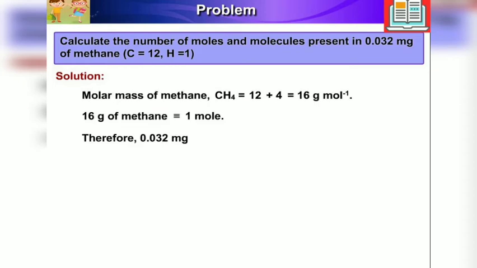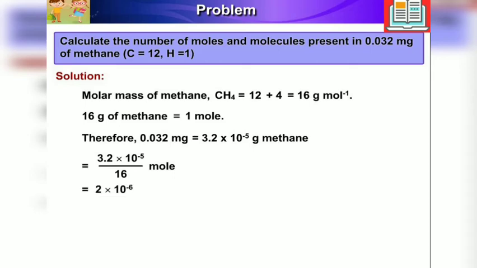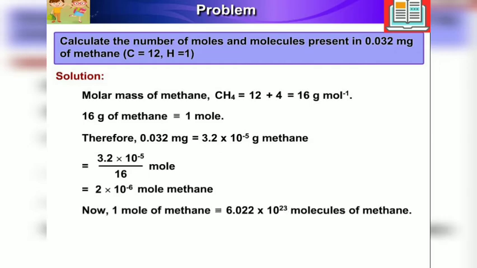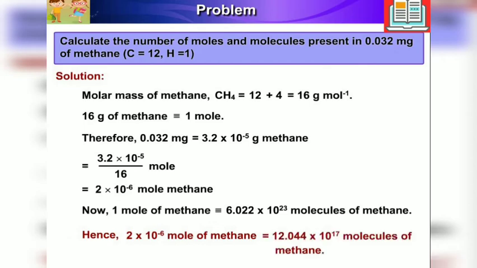Therefore, 0.032 milligrams equals 3.2 into 10 raised to minus 5 grams of methane, equals 3.2 into 10 raised to minus 5 upon 16 mole, equals 2 into 10 raised to minus 6 mole of methane. Now, 1 mole of methane equals 6.022 into 10 raised to 23 molecules of methane. Hence, 2 into 10 raised to minus 6 mole of methane equals 12.044 into 10 raised to 17 molecules of methane.